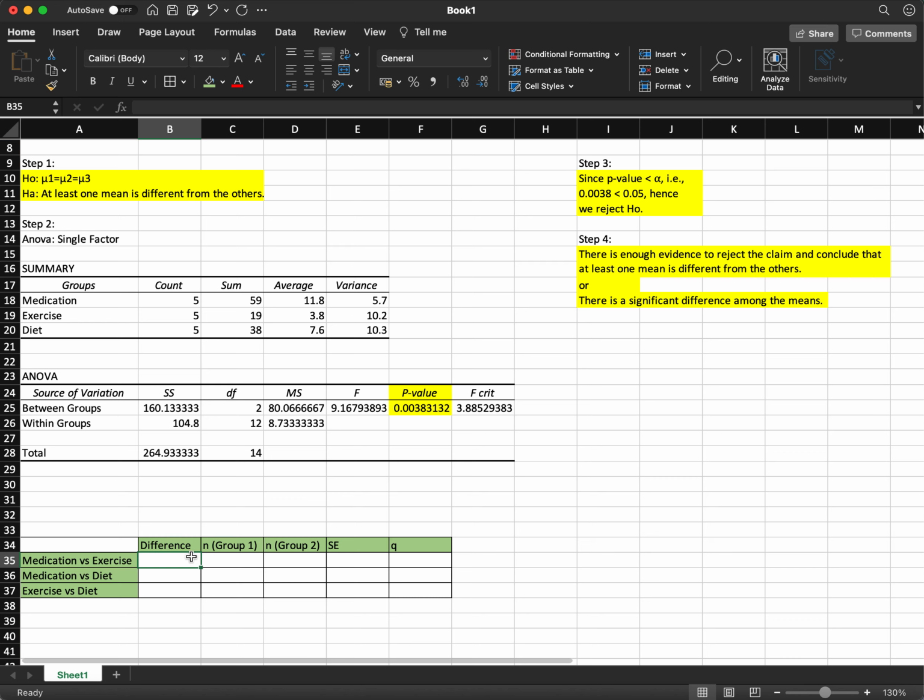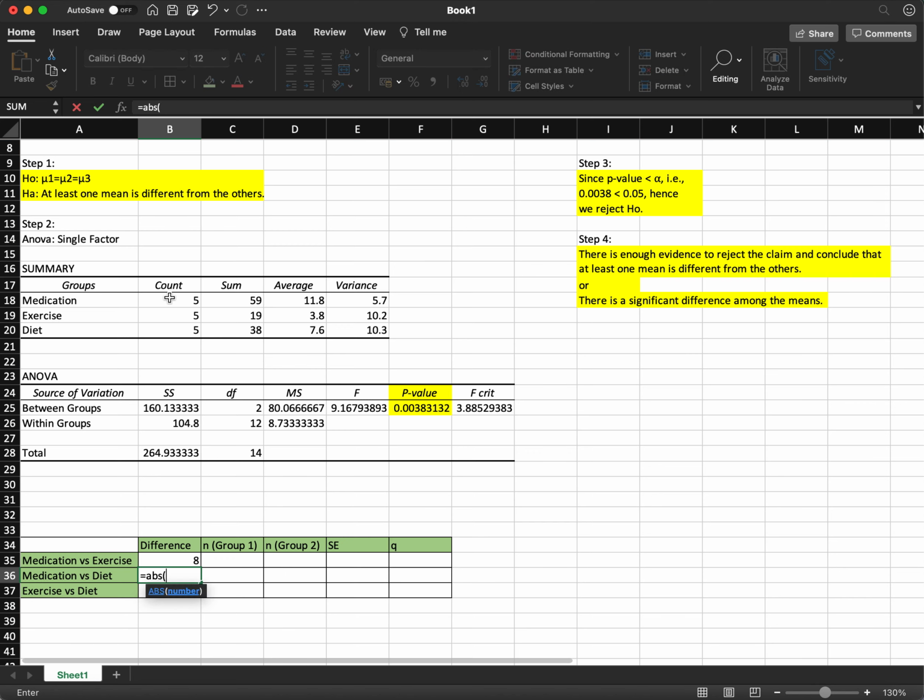So we're going to start with this. Let's click on equals. We want to get the absolute value, so let's type in ABS for the absolute value of this one minus this one. We start first with medication versus exercise, and then we click on equals.